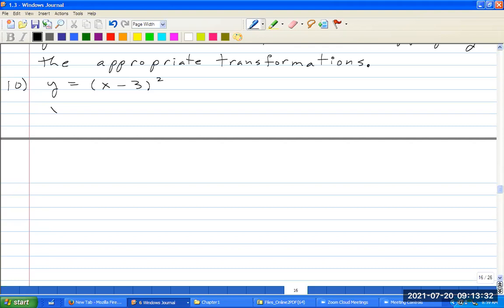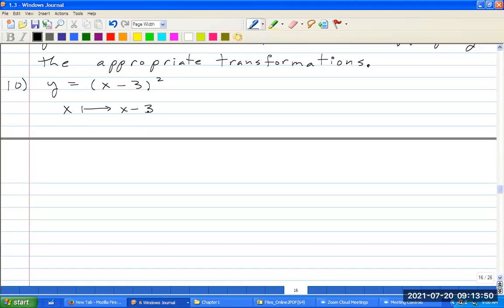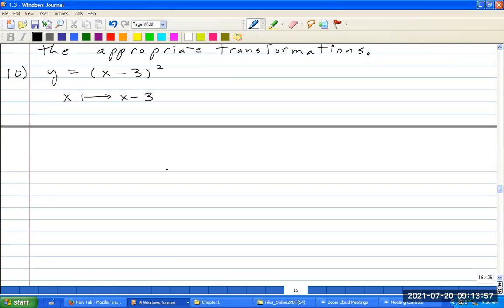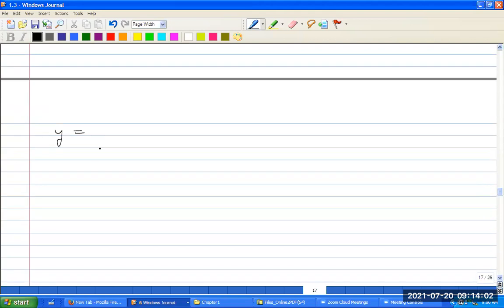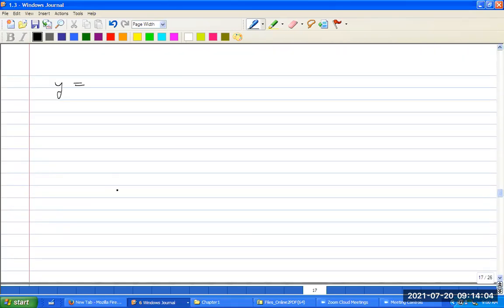What we've done is we've replaced x by x minus 3 in the function y equaling x squared.